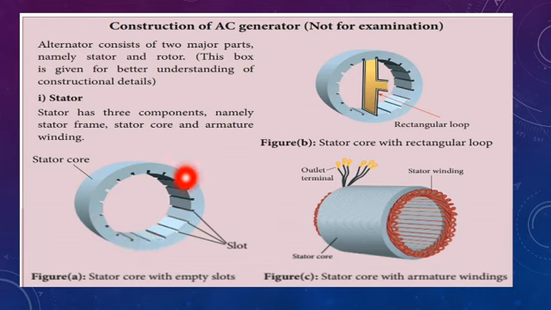This stator core has small gaps, which are called slots, and the rectangular loop sits in them. The third one is the armature, that is the coil winding.